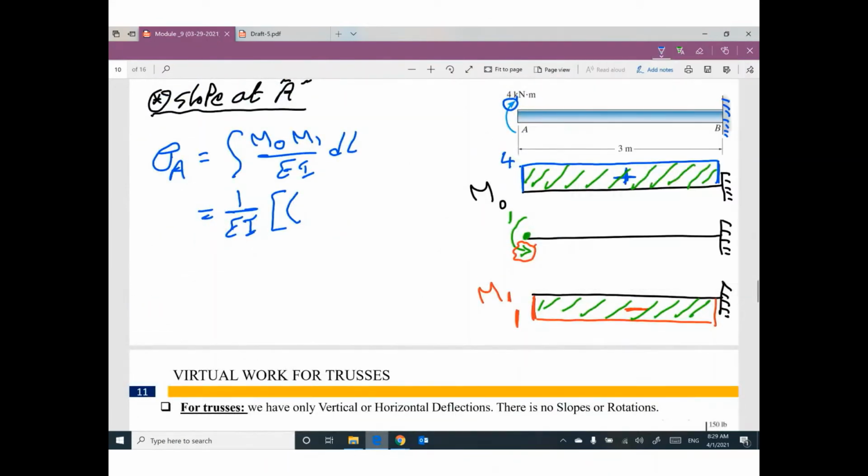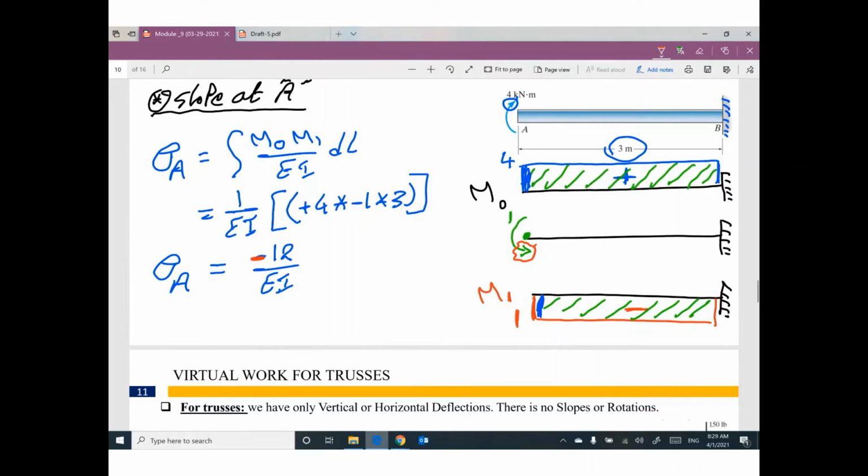So the value of m here is positive 4. The value of m here is negative 1. The length of the beam is 3 meters. That's all. What is the value of theta? Will be negative 12 divide EI. My question is, what is the meaning of negative value?